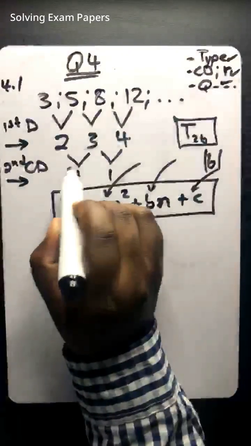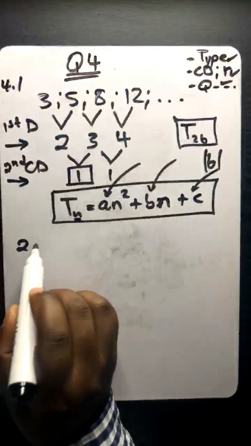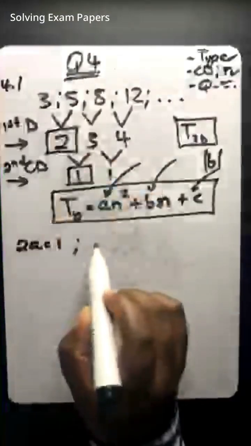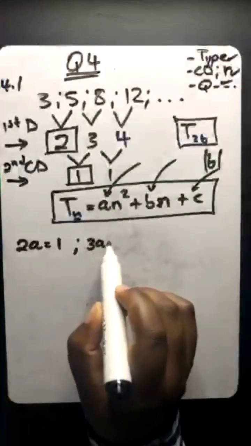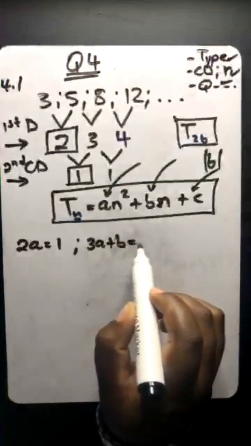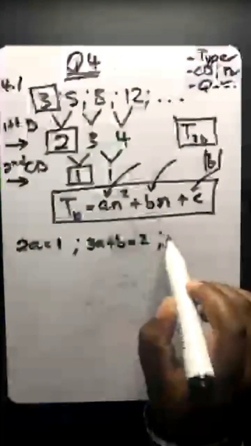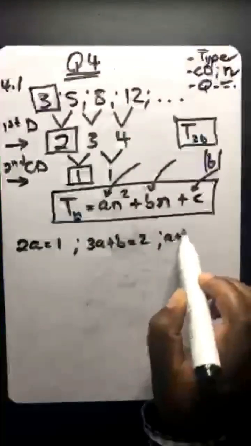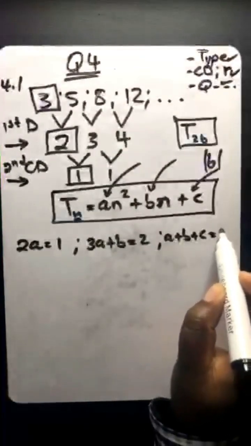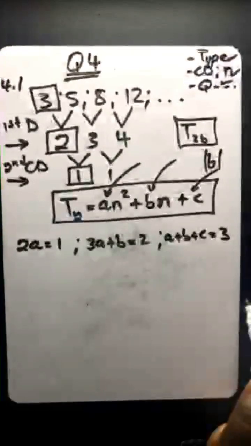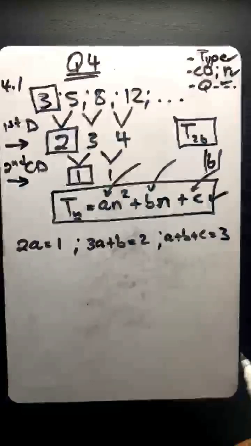So can you see? This is the one that you equate to 2a. So you're going to say 2a is equal to 1. And then this is the one that you equate to 3a plus b. And then this one is the one that you equate to a plus b plus c, which is equal to 3. That's all that you need to know to derive the general equation of a quadratic.